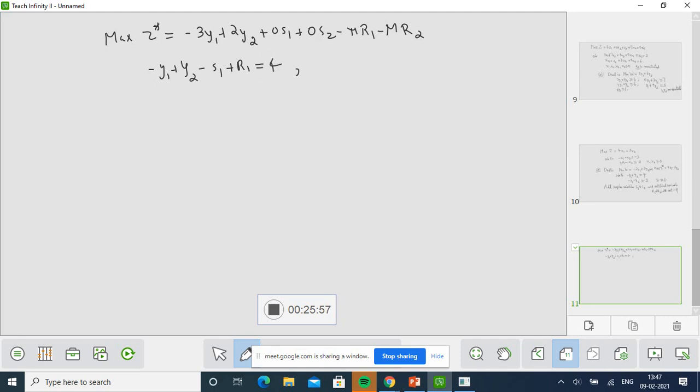And the second constraint I will have is minus y1 minus y2.